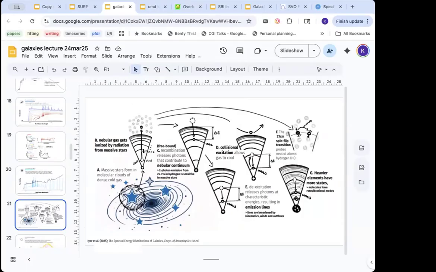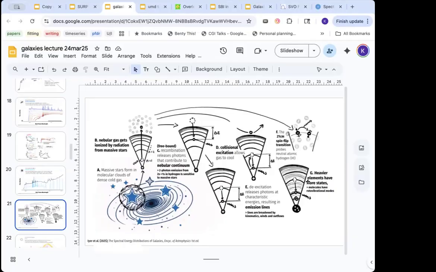Sometimes you make an electron pop out altogether. Sometimes you just excite it to a higher level and it falls down. Sometimes you do things like change the spin, and all of these will produce emission lines that have characteristic wavelengths.